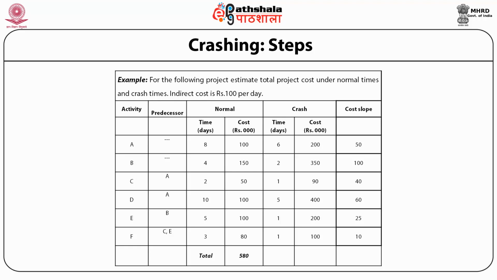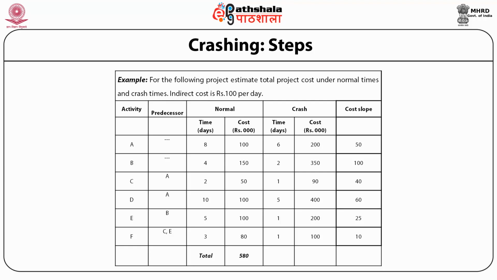Likewise for activity D, the predecessor is A, time 10, cost 100, crash time 5, cost 400, cost slope 60. Activity E, predecessor B, time 5 days, cost 100, crash time 1 day, cost 200, cost slope becomes 25.